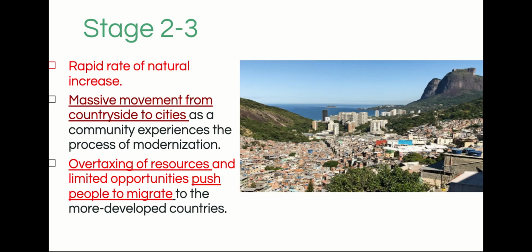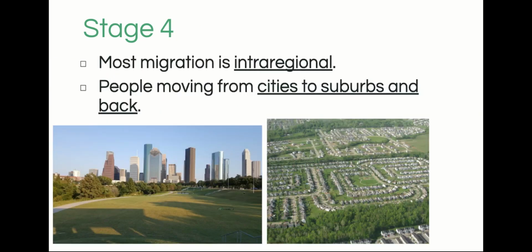And so whether it's water resources or education resources or maybe even jobs, this is what pushes people to migrate. They say, I want a better life. I don't have a good enough life here for my family. There isn't an opportunity. I'm going to move someplace where there is opportunity, which typically is going to be an MDC. So this is the stage 2 and stage 3 societies.